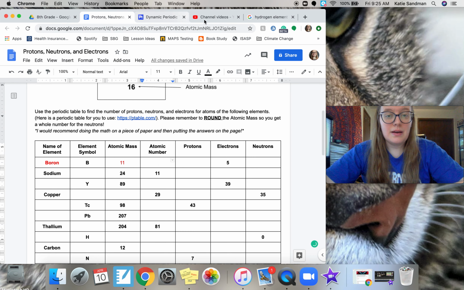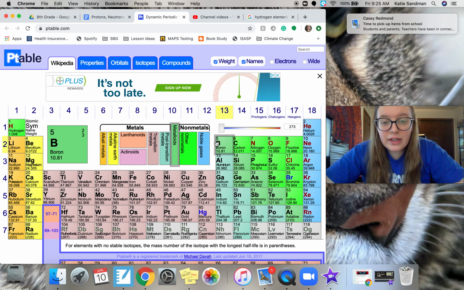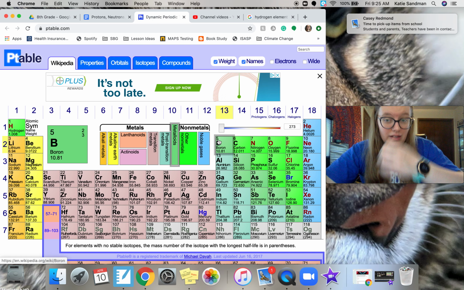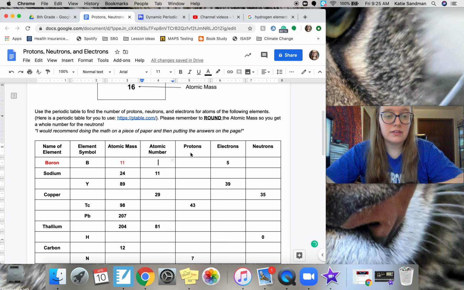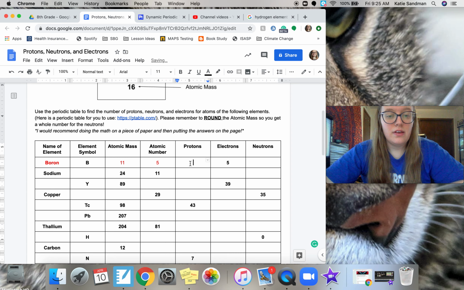My atomic number now, it's going to be 5. It's up on the top of it. So 5. My number of protons, I don't even have to go back and look at my periodic table because just having the atomic mass and the atomic number, I can determine the rest of these things here.